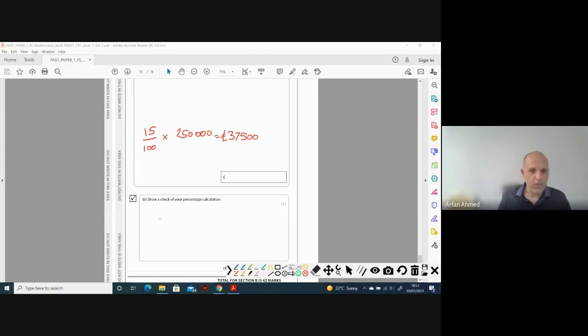So we have to start off with that answer, or 15% of the amount, and work backwards. So that working backwards, instead of multiplying by 250,000, you'll have to divide by 250,000. And then the opposite of dividing by 100 is times by 100.